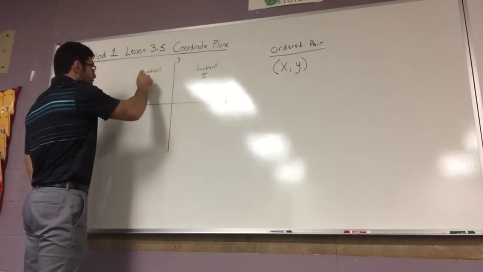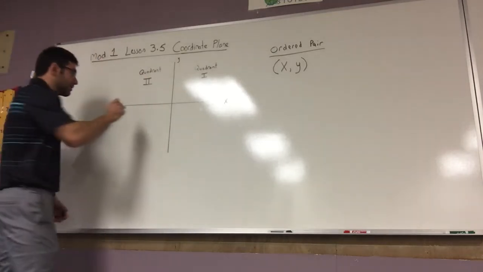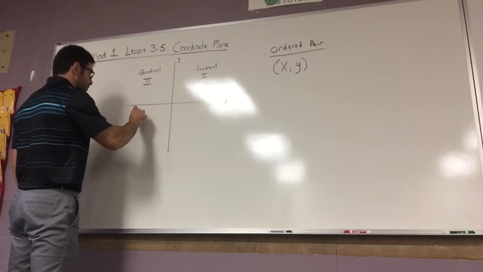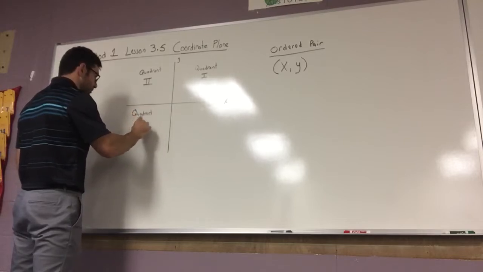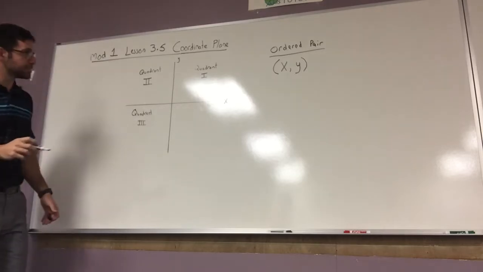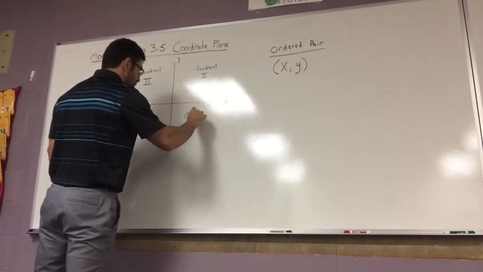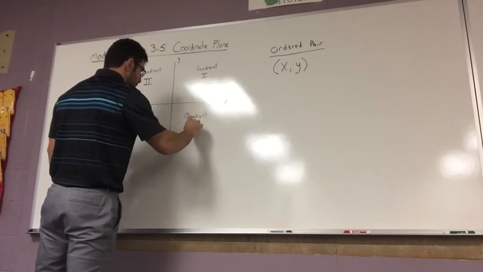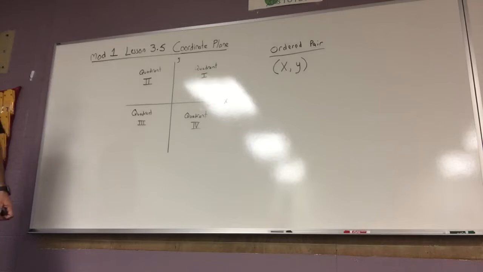Quadrant 2 is over to the left, and we keep going around counterclockwise. Quadrant 3, and last but not least, quadrant 4. If nothing else, I'm going to teach you Roman numerals. Yay!